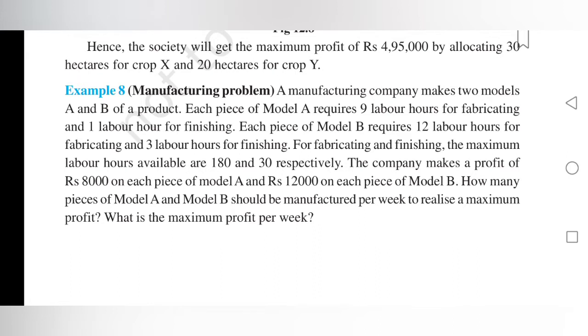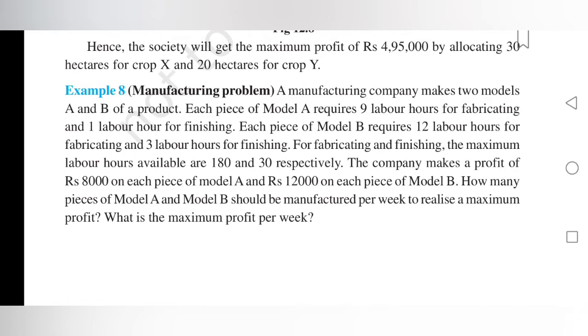Coming on to NCERT example number 8 for the manufacturing problem. Just read the question carefully. A manufacturing company makes two models A and B of a product, and each of model A requires 9 labor hours for fabricating and 1 hour for finishing.